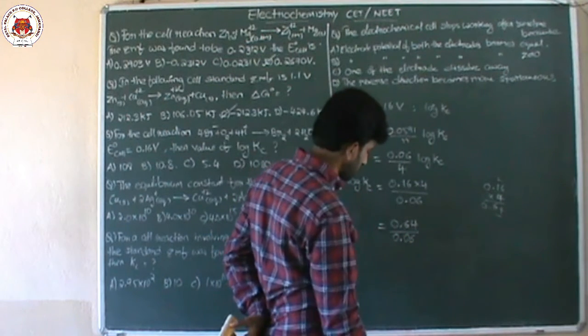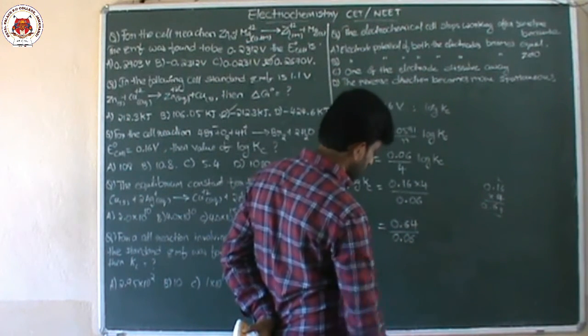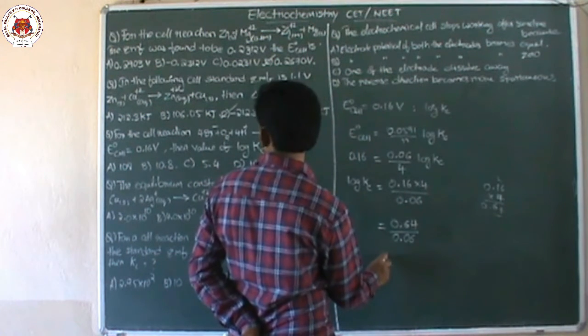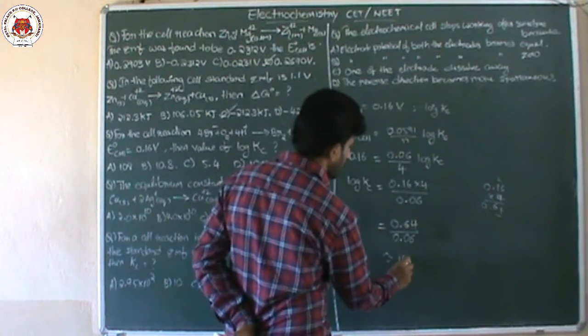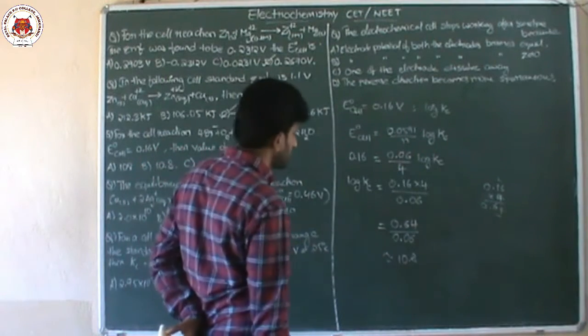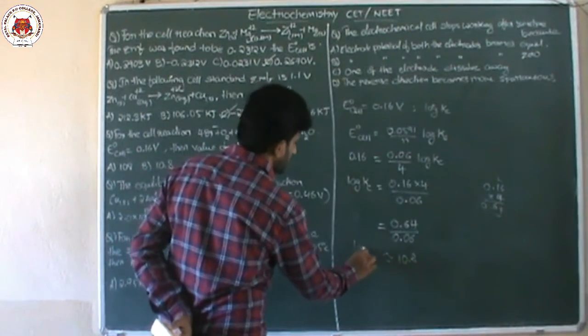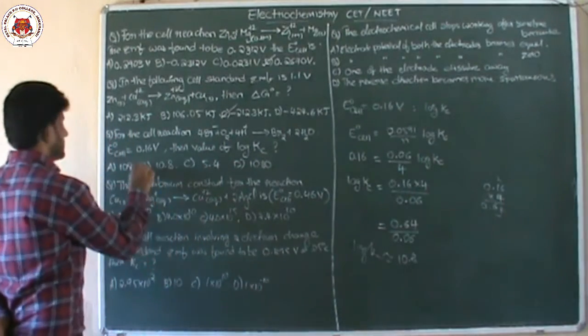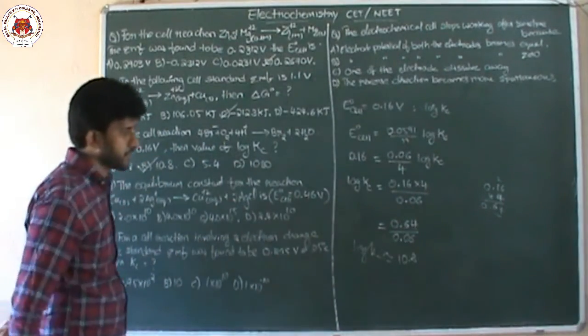Now this value comes approximately to 10.8. So what is log Kc? Log Kc is 10.8. So that is option B.